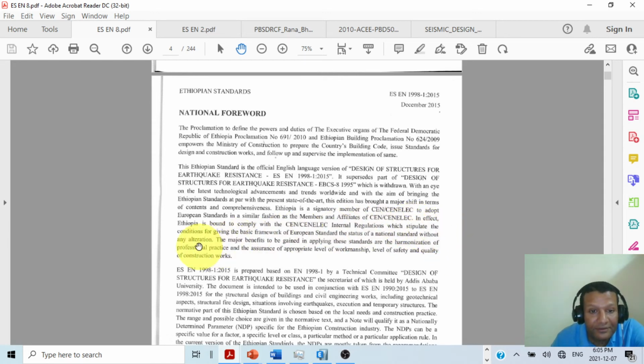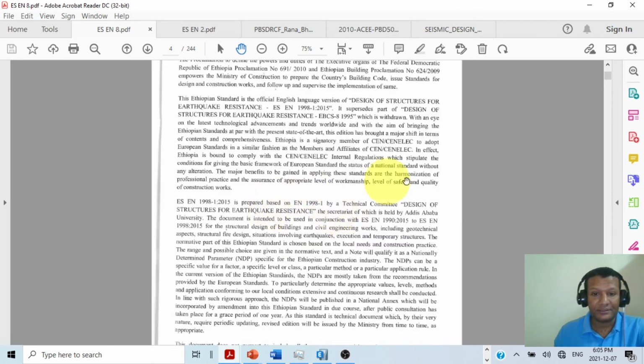In effect, Ethiopia is bound to comply with these international regulations, which stipulate the conditions for giving the basic framework of European standards the status of national standards, without any alteration. Even Ethiopia is a signatory. Even if we don't have our own code, because we are a signatory, we are forced to use the European standard as per this.